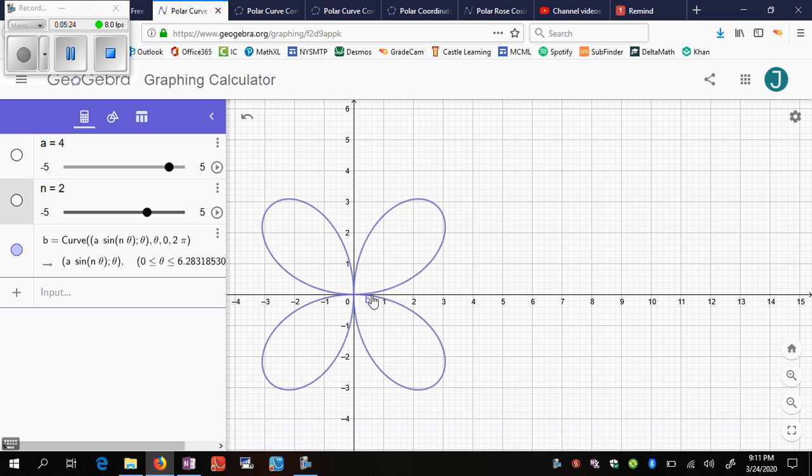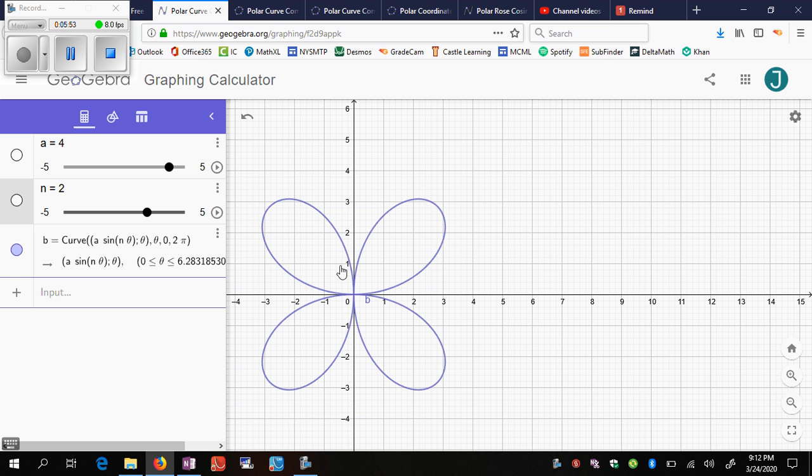You can see that it's not starting at 4. It's going to be hitting 4 at this angle here, which you could probably guess is pi over 4. I could go through some math to explain why that happens. If I plug in pi over 4 and multiply that by 2, I get pi over 2, and that's where sine hits its maximum.